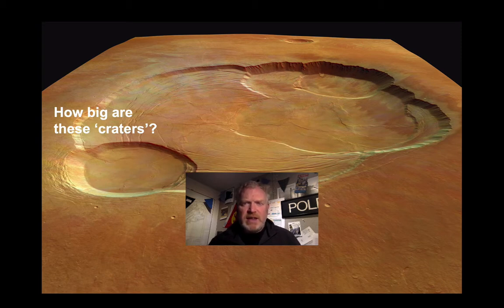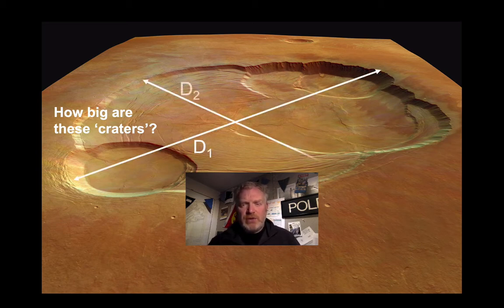We're going to put all these together as one, just to make it a bit easier. And what we have is roughly an oval shape. Now, to work out the area of an oval, we need to measure, first of all, the diameter of the longest measurement you can take and the shortest one we can take. Let's call them D1 and D2.